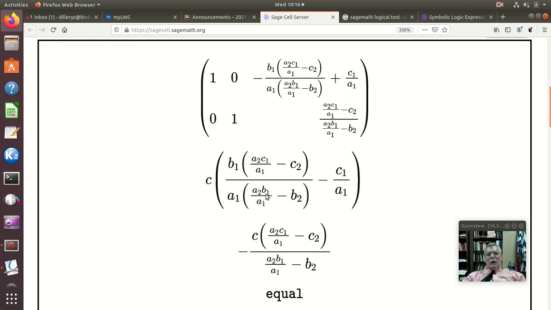It would be nice to be able to just simplify this. Well, I tried a couple things, and I could not get it to simplify very nicely. And so I had to take another attack to kind of check these.